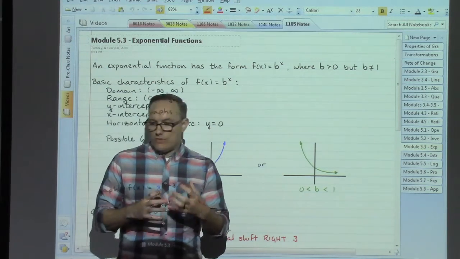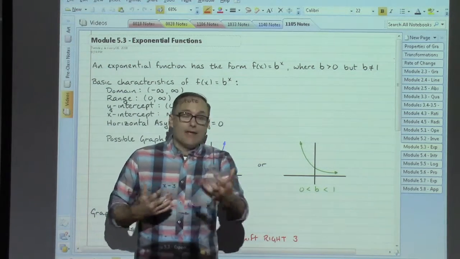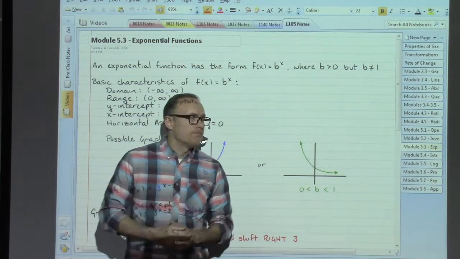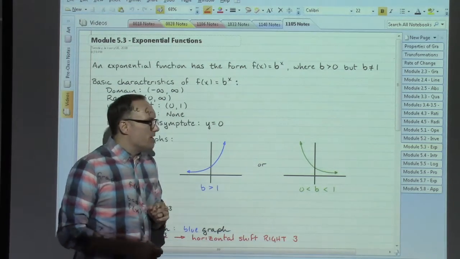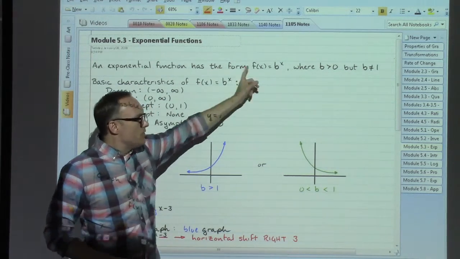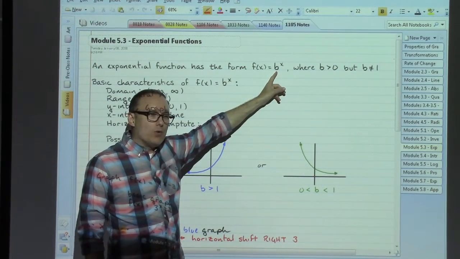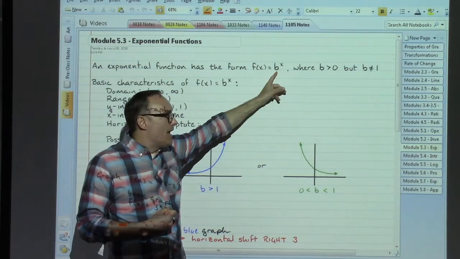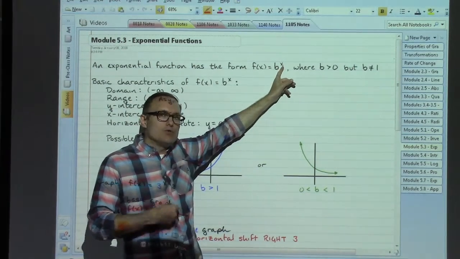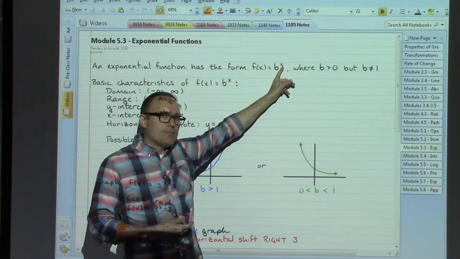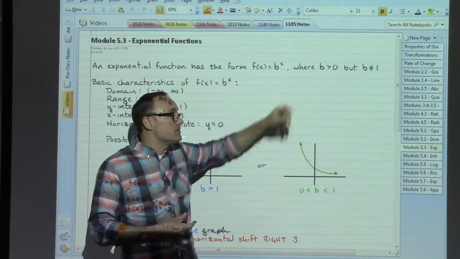Take an x, raise it to a power of 1/2, aka square root. So we're turning that around. What we're going to do is we're going to take a number and we are going to lock that in. And the power is going to be variable. The power is going to be the thing that changes.